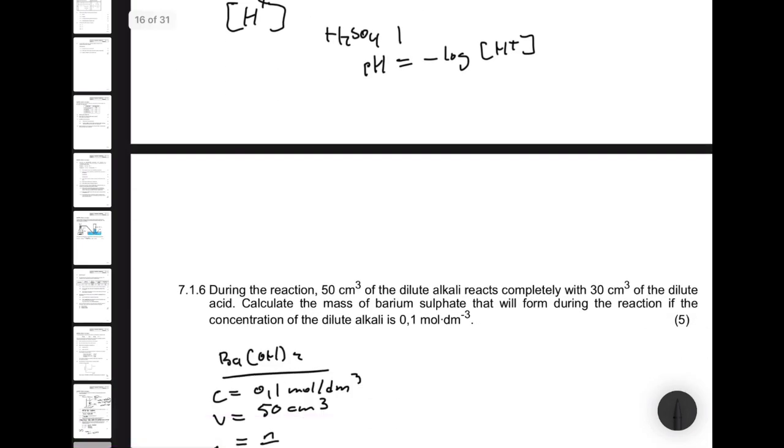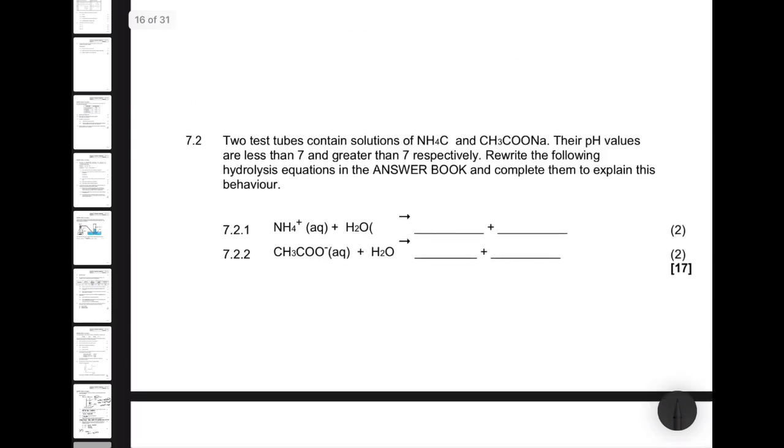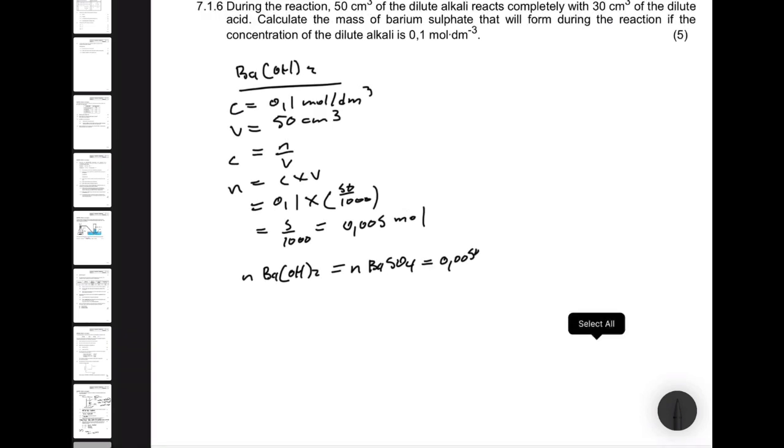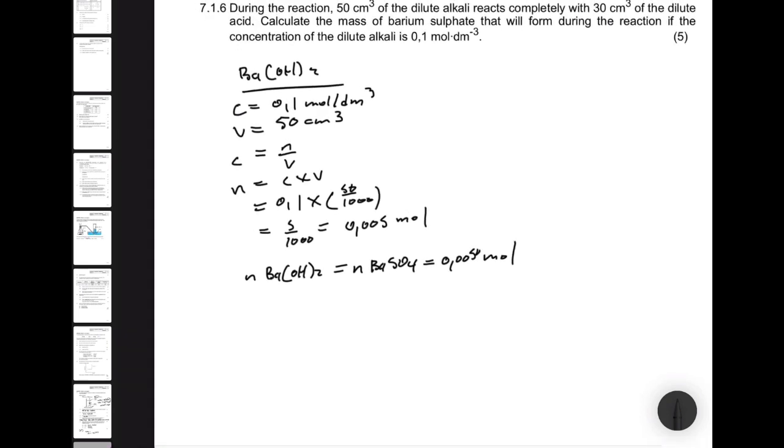So the number of moles are equal for all three. So the number of moles of Ba(OH)2 will be equal to the number of moles of BaSO4. So that will be 0.005 mole. Now we can calculate the mass of barium sulfate.